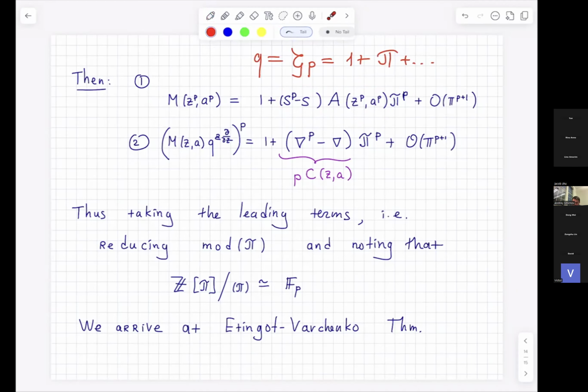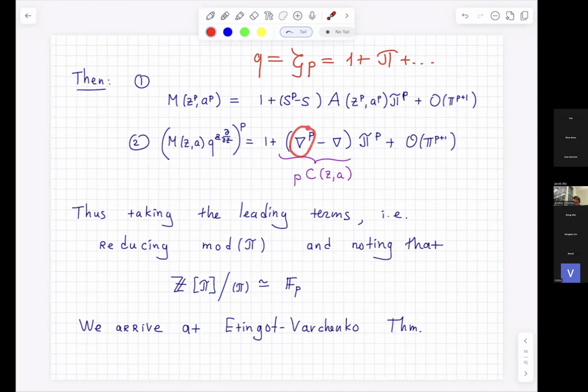And you can also do the same thing for the iterated product of M matrices, which I can simply write as this Q difference operator raised to the power p. It's the same thing as the iterated product. And again, if I restrict Q to the unit root, in the first order in this expansion, which is pi to the power p, you'll find that the answer is nabla to the power p minus nabla.